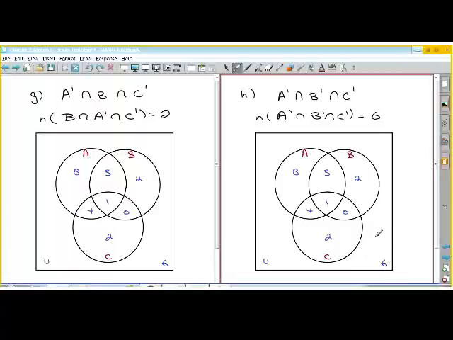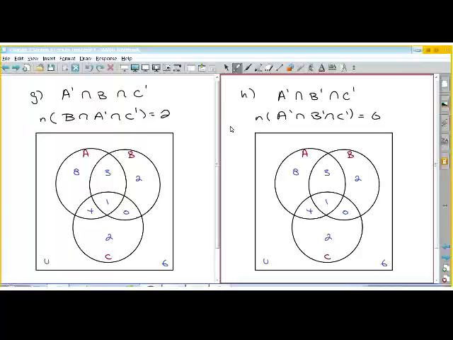It's that number right there. What's going on there? Well, you're taking everything outside of A and everything outside of B and everything outside of C and finding the overlap.